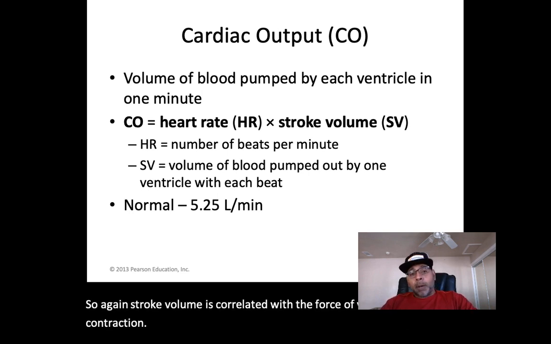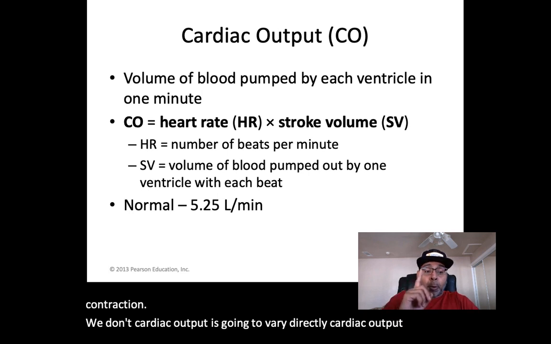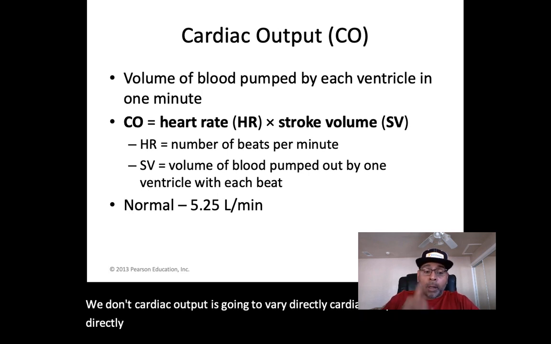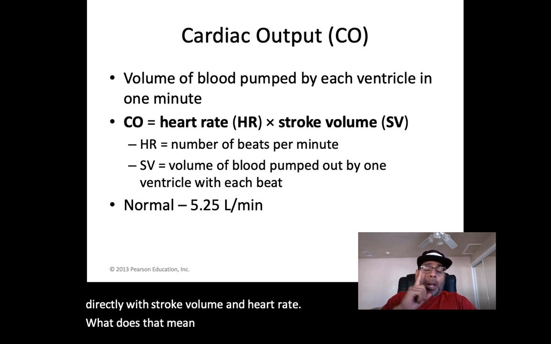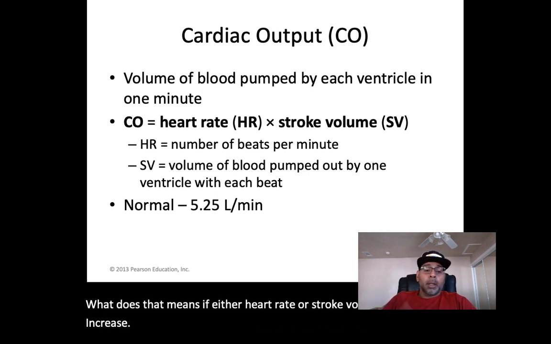Cardiac output varies directly with stroke volume and heart rate. What does that mean? That means if either heart rate or stroke volume increases, this is also going to increase cardiac output.